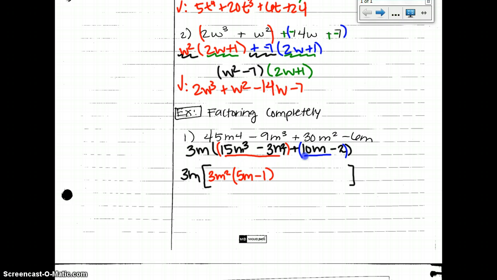Looking at the second portion, we are going to add that to 2 times 5m minus 1. Now we are ready to combine. We have the 5m minus 1 in common. Then we'll combine the 3m squared plus 2.